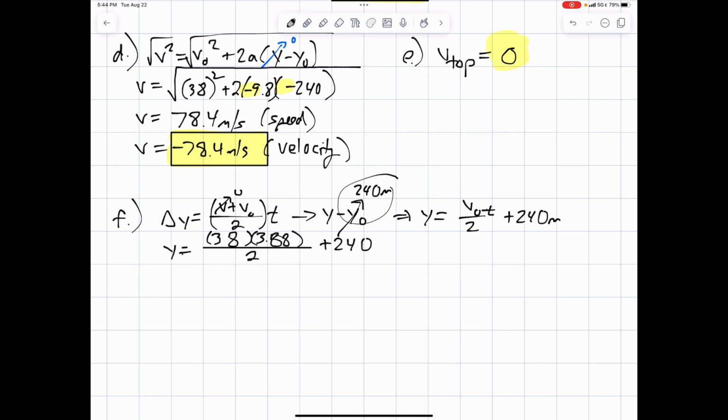So we are going 38 divided by 2 times 3.88 is 73.72, plus 240, and we get about 313 meters off the ground. So the ball is only 73 meters higher than the top of the building, but the building is already 240 meters off the ground. So 313 is the height off the ground to the highest point, not the height from the building.